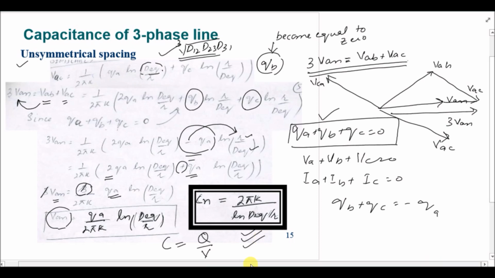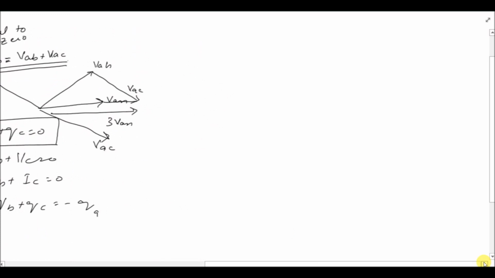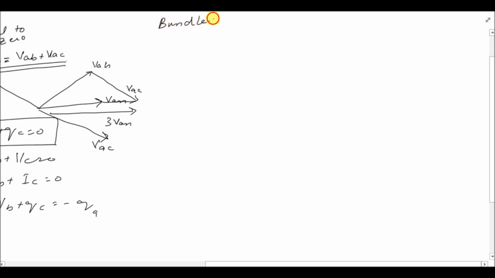Now there is one more thing that we discussed in the inductance calculations, that is the usage of bundled conductors. And there were three types of orientations. The first one was two conductors in a bundle, then the second one was 3 conductors in the bundle, and the third one was 4 conductors in the bundle.